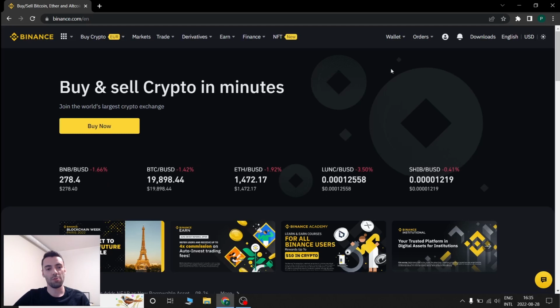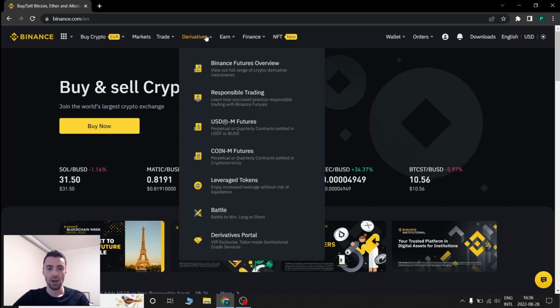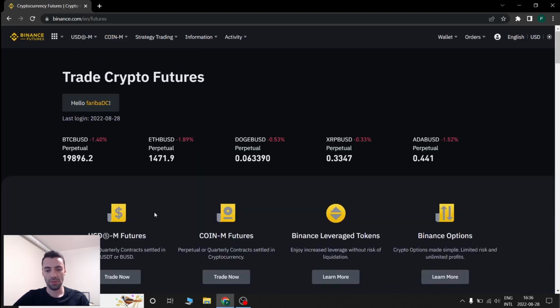So we're coming back to the Binance website. We log into our account, and here under derivatives, you can go to the Binance Futures overview. We are not going to talk about this, it is not useful for us, but there is a difference between USDM futures and coin-M futures.